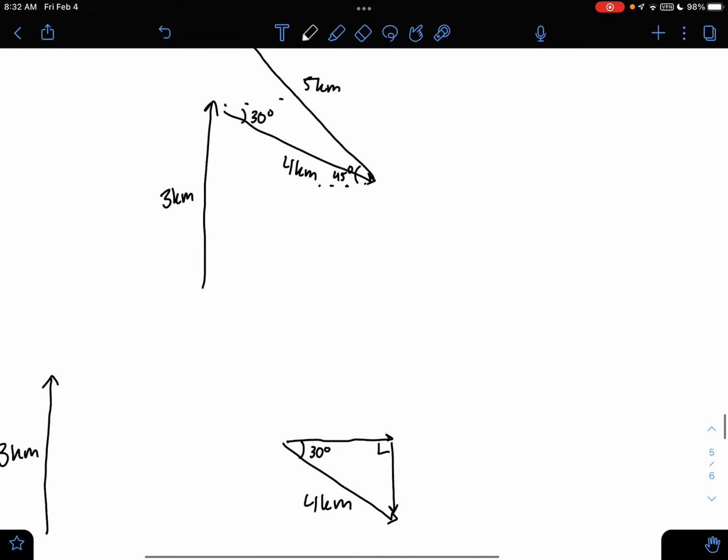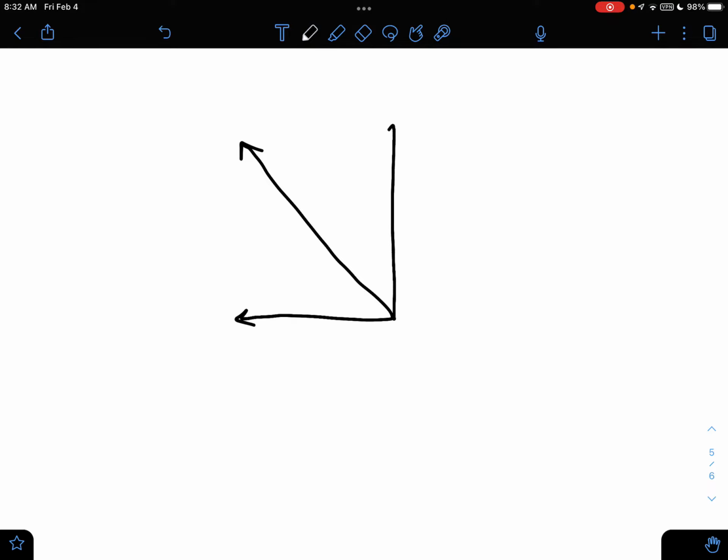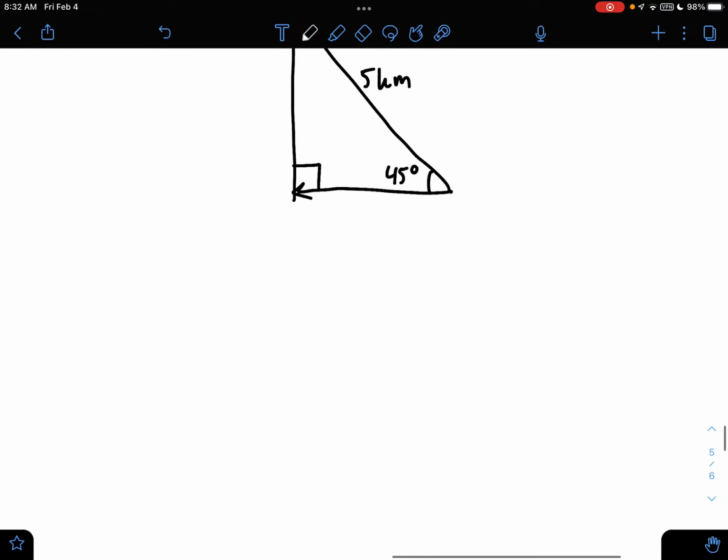Now let's break our last vector into components, right? So we're going this way, and we're going to break it into a this way component and a this way component. And this is going to be our 45 degrees, and this is our 5 kilometers, right? Same thing as always, I'm going to take our vector, move it over here, give us a right triangle, right?